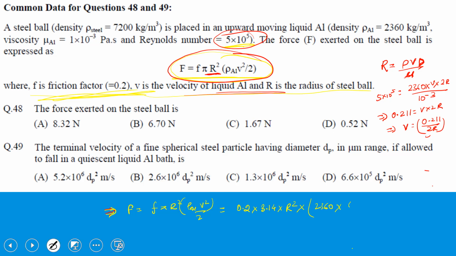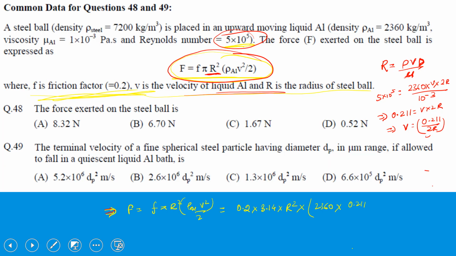So velocity will be 0.211 by 2R whole square, okay, and divided by 2. So this is the thing. So this R and R square will be cancelled, right?